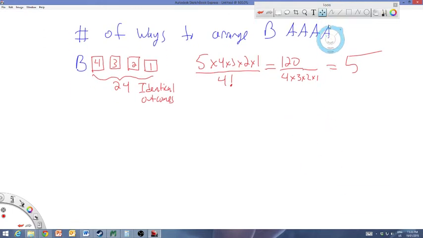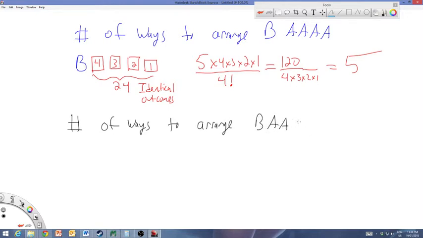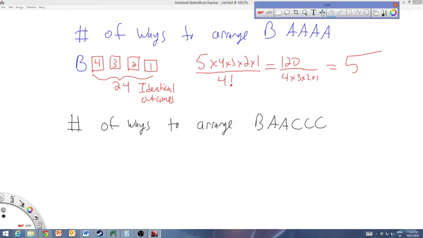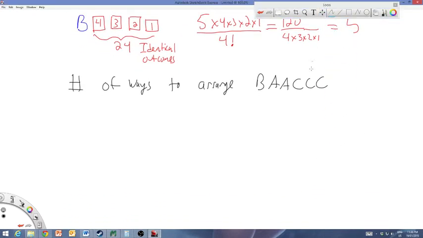What if I extend it to something like this? This might not make sense right now, but the beauty of having this video is you can always watch it over and over again. So number of ways to arrange, let's say I have BA, and then I'll put a C, and a C there. Well, think of it like this. Let's put B first.